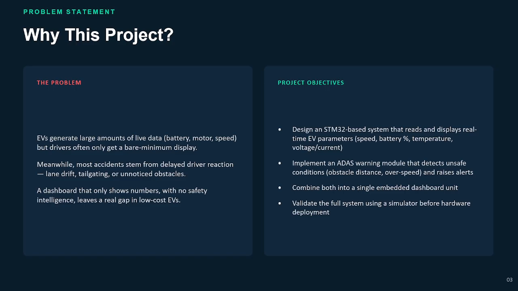But a lot of accidents happen just because of drivers' delayed reactions, like not noticing an obstacle in time or not realizing that they are going too fast. So the idea behind the project was, what if we combine both? Build something that shows the EV data and also warns the driver when something is unsafe. That is what this project was.